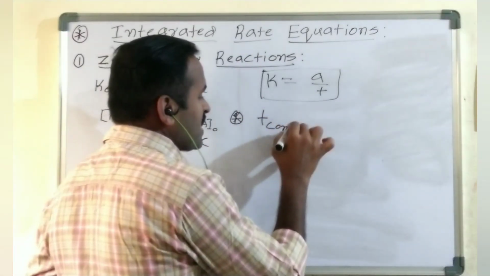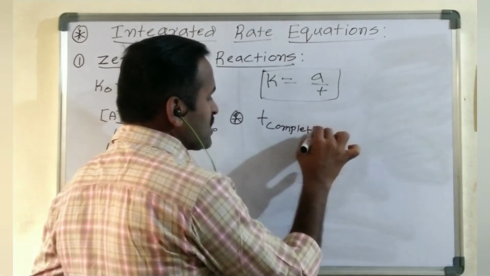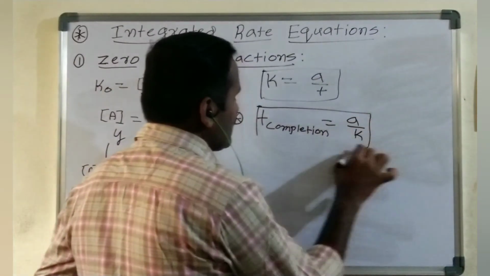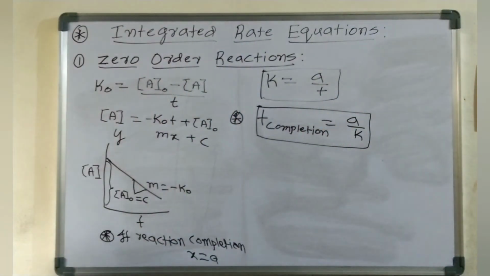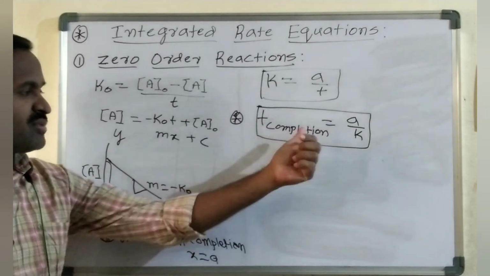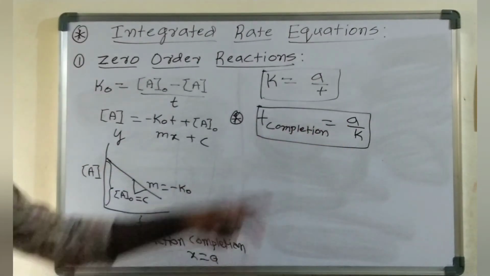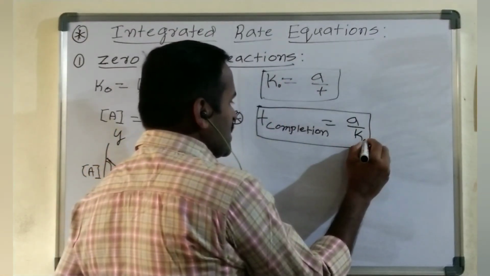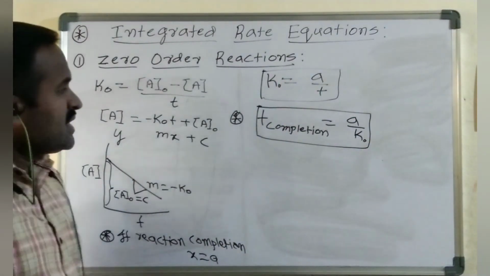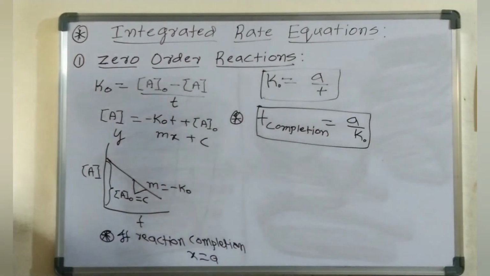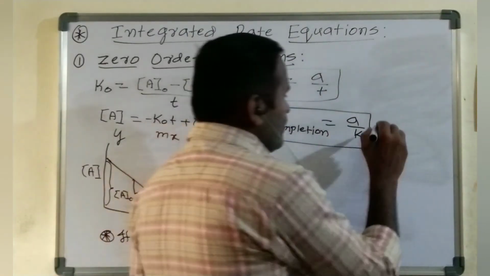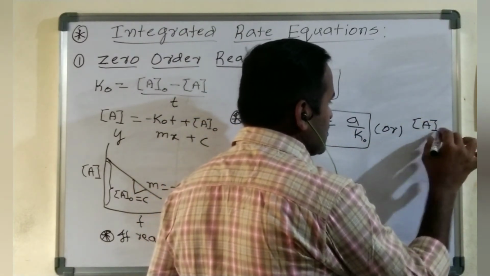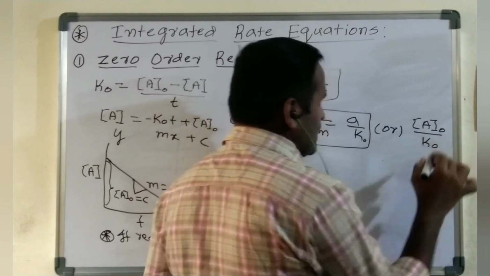So t completion of the reaction is equal to A by k, or writing the initial concentration as A naught, the time required for completion of a zero order reaction is the initial concentration by its rate constant, A naught divided by k naught.